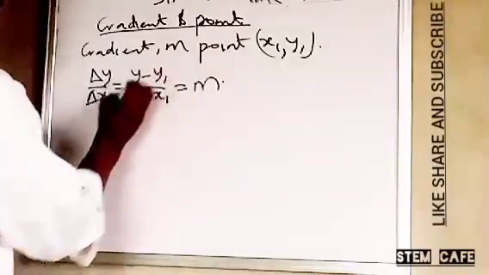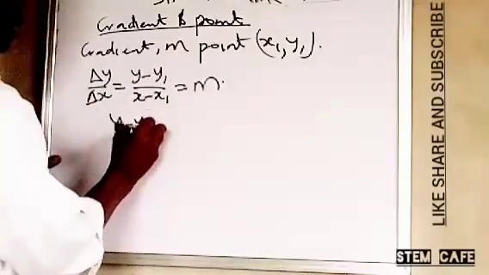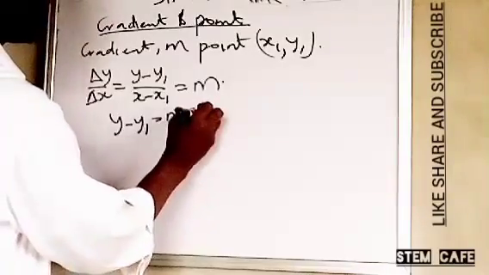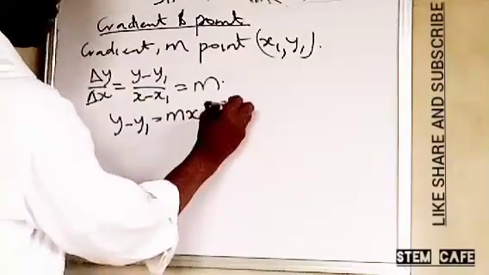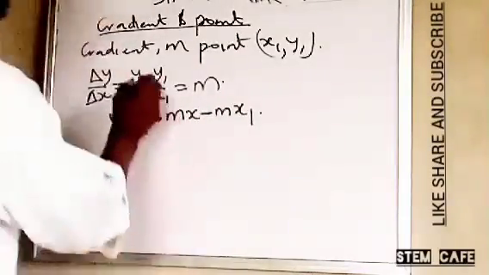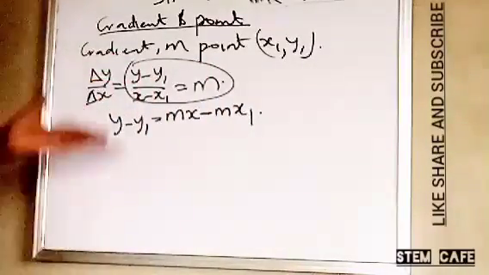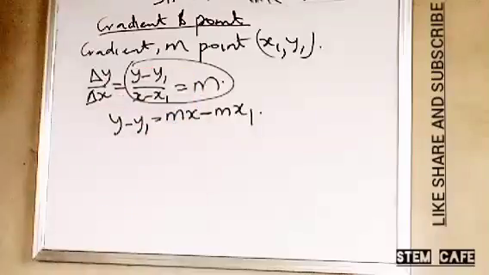So we have y minus y1 is equal to n times x minus n x1. So this is what you just do. Equate the change in y over change in x to be equal to n. You find the equation of the straight line.